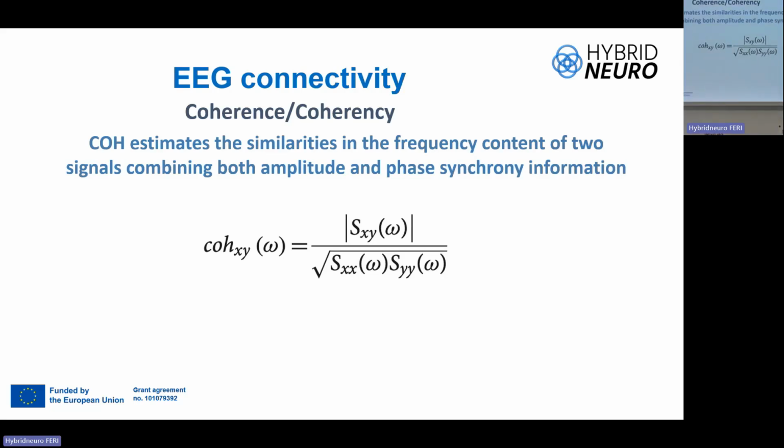It depends on the amplitude and the phases of each of both signals considered in the components of the cross spectrum.